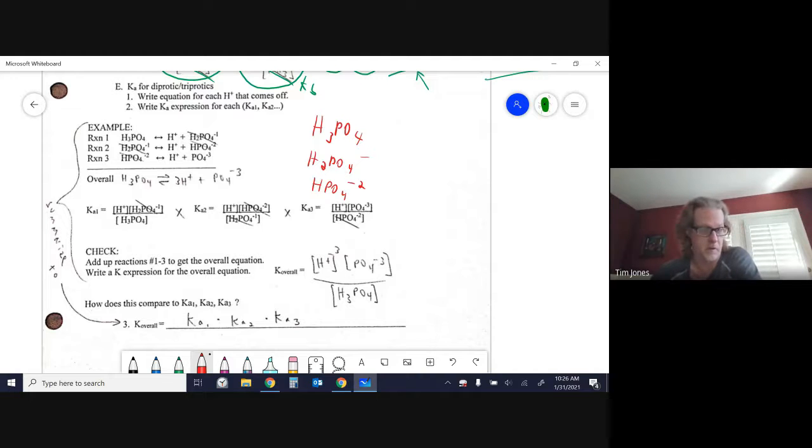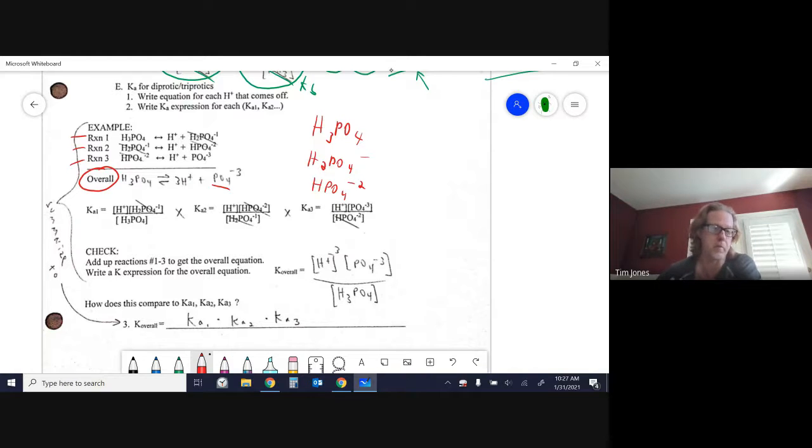In some cases, they're the conjugate of each other. Well, if you write out each equation, 1, 2, and 3, you add them together. Of course, you cross out things on opposite sides like I have, and you get the overall equation that I have here, as H3PO4 losing 3 hydrogens, and you're left with a phosphate.